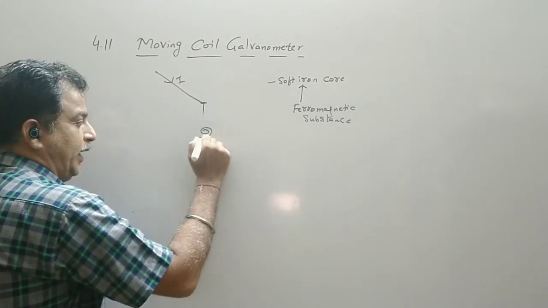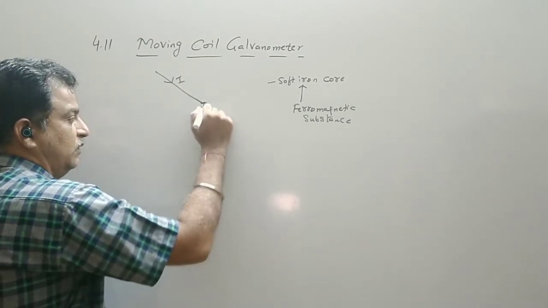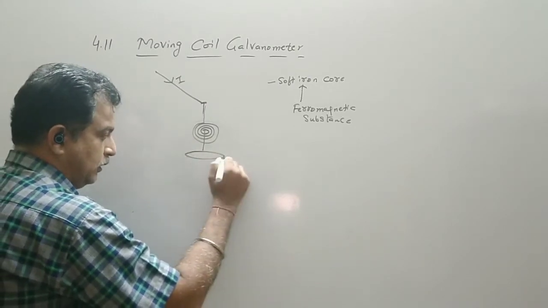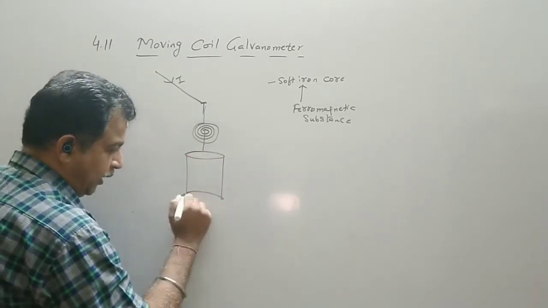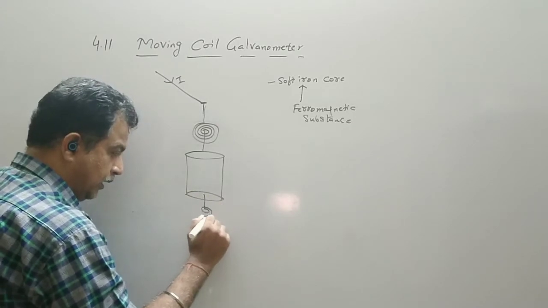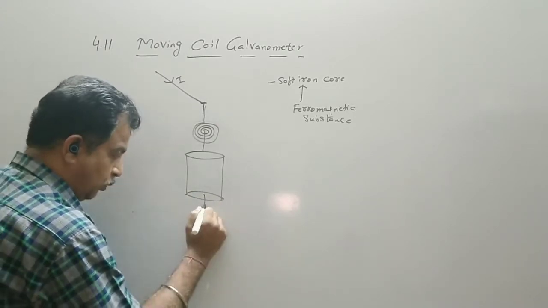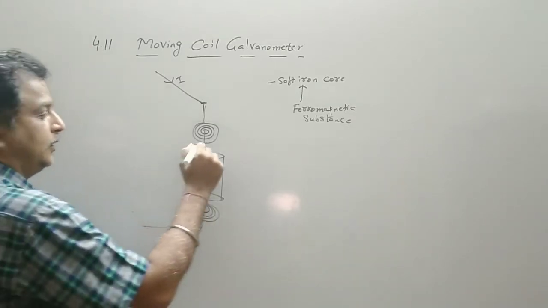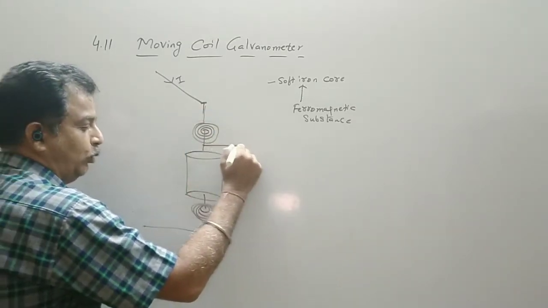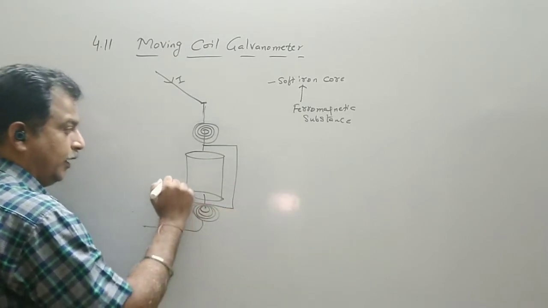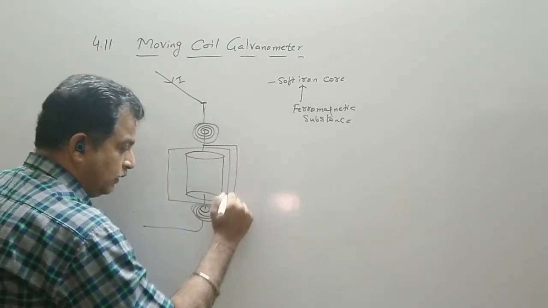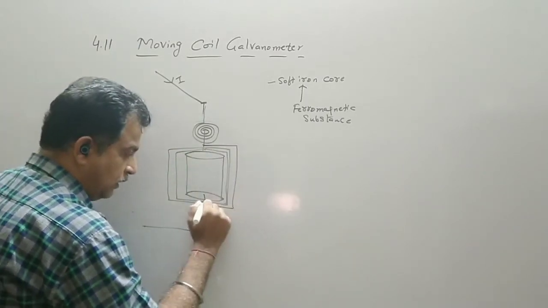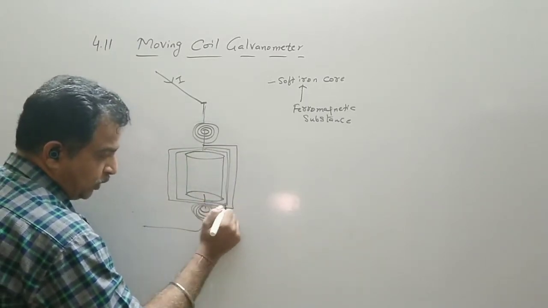So this is a spring, this is the pivot, this is the soft iron core. Again, the spring is wound in the opposite direction from the upper end. Now the rectangular loop is wound here like this, and it is connected to the pivot.